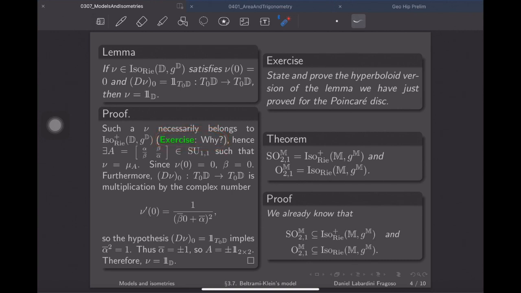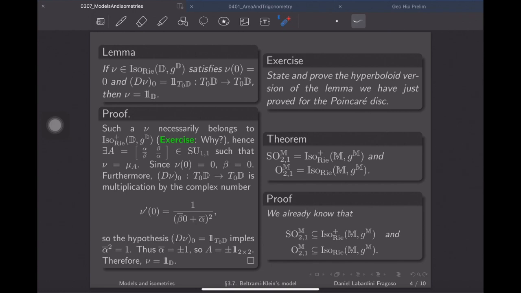Okay, now since we have an explicit formula for the elements here, that is, we know that all of them are given as Mobius transformations associated to elements of SU(1,1), well, we can write nu that way. And now, since nu of 0 is 0, we can immediately deduce that beta is 0.